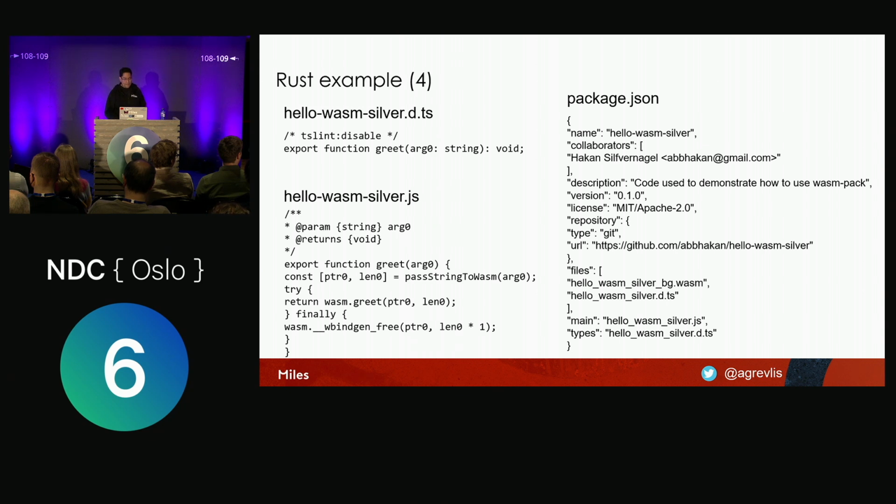Then we also have this glue file, that's why we have wasm-bindgen. Here we can see hello-wasm-silver.js. What it does is try to call wasm.greet and pass the parameters down to wasm. And then we also have a package.json file with the name, the version, the licenses, and so on.